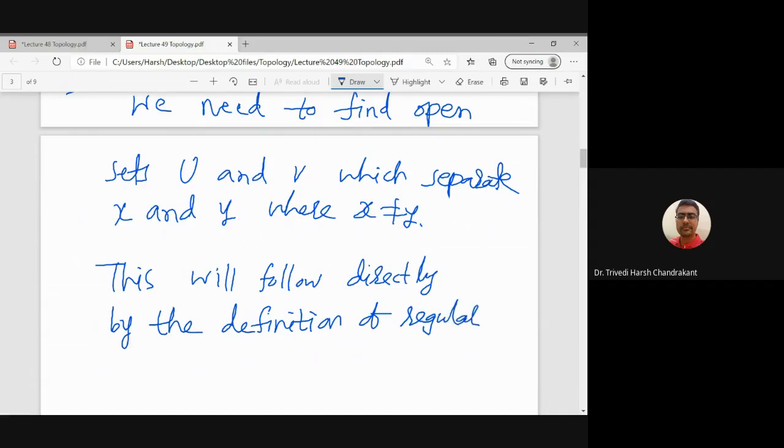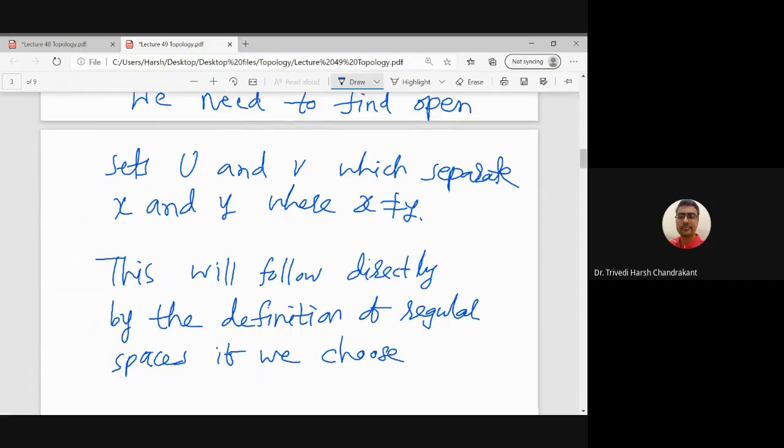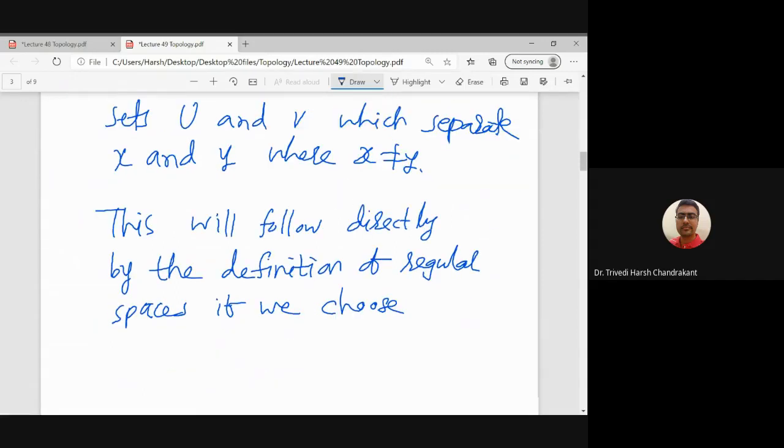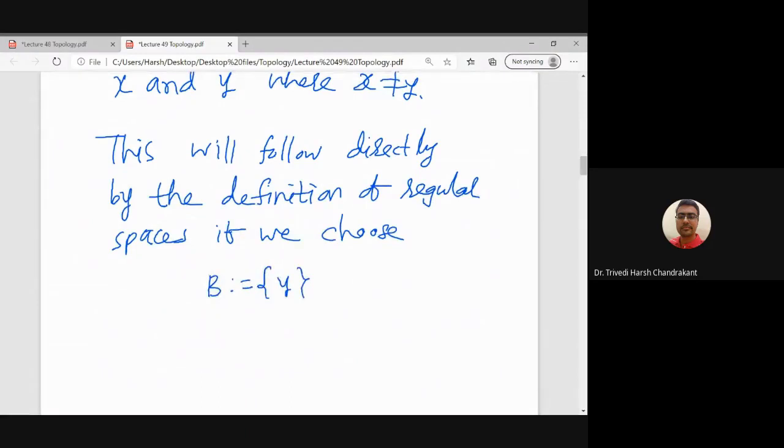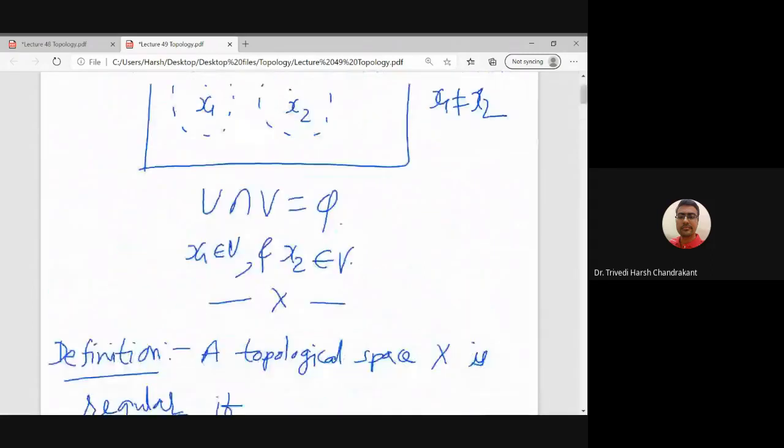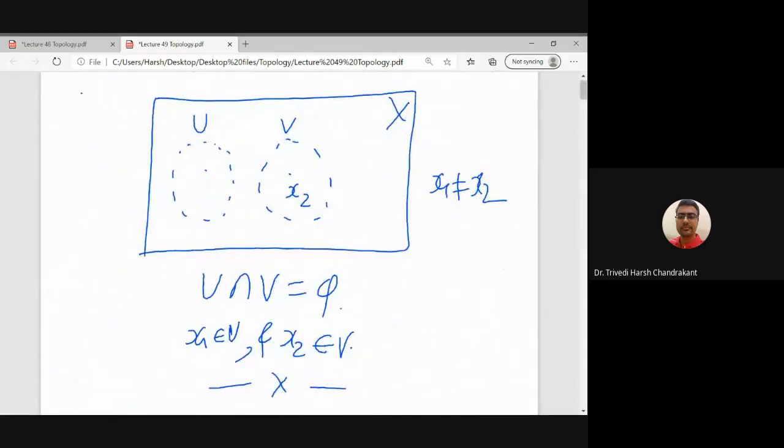A regular space is, if we choose a particular closed set B, and that will be the singleton Y, right? Because what is given is we are given 2 points X and Y which are distinct points, and we need to find open sets U and V which contain these 2 points.